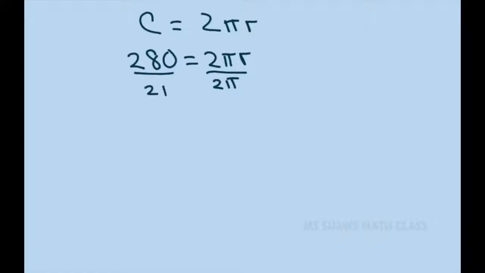Be careful when you use a calculator. Make sure you put parentheses on that, because otherwise pi will multiply by the numerator instead. When you do that, you get a radius of approximately 44.56.